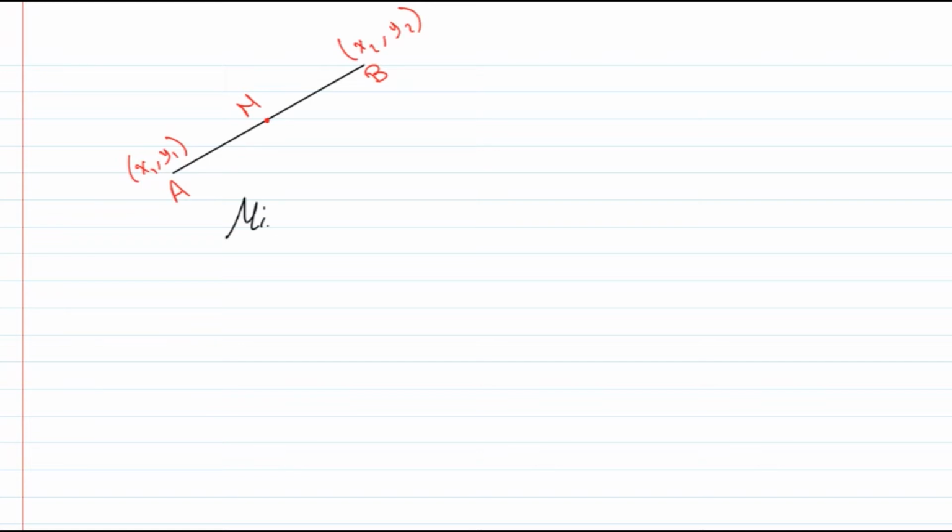Simply, the formula of the midpoint is we have to find the average of the x coordinates, which is x1 plus x2 over 2, with the average of the y coordinates, which is y1 plus y2 over 2. By this we can find the midpoint.